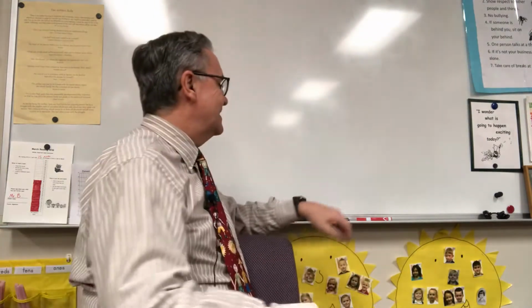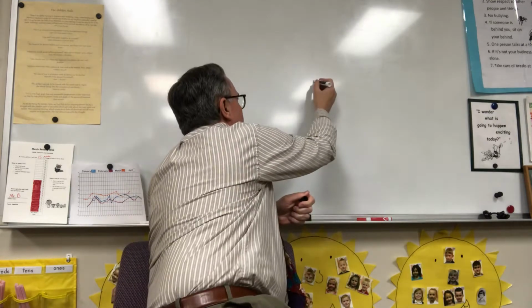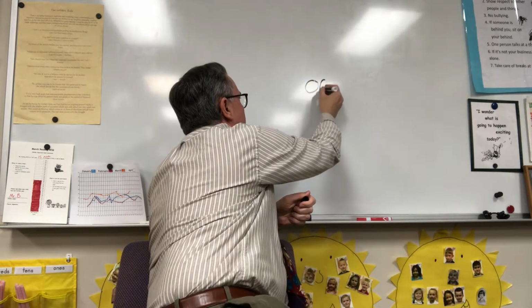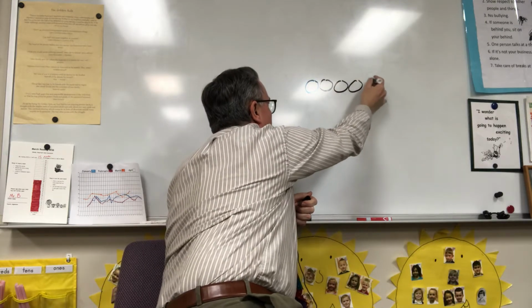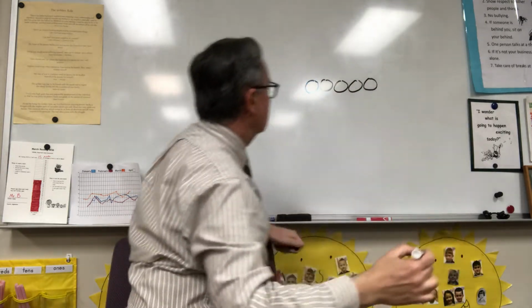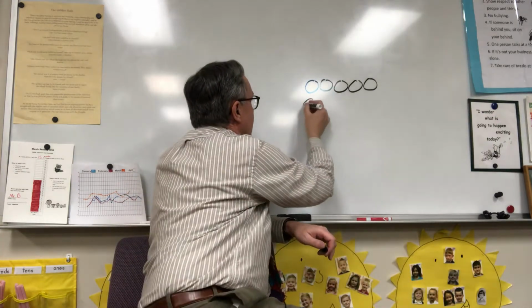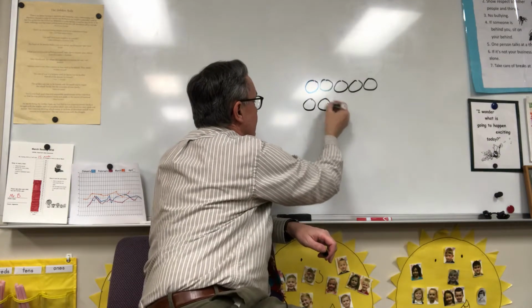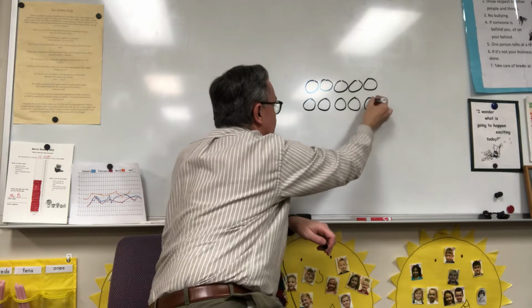peaches. Melanie has 10 peaches. I'm going to put them in a 5 group. 1, 2, 3, 4, 5. Okay? Now, she has more to make 10. 6, 7, 8, 9, 10.